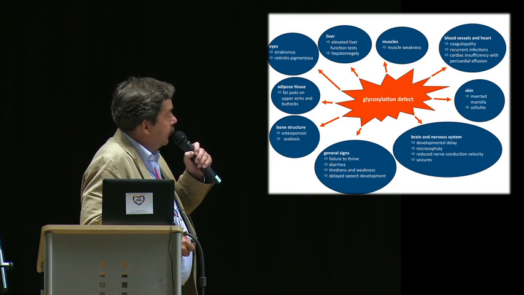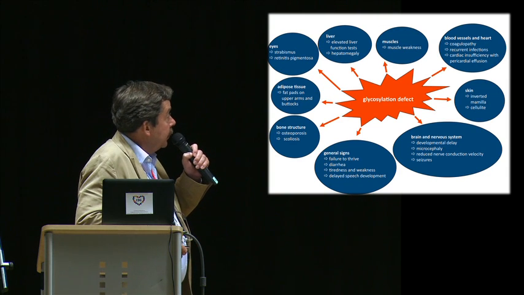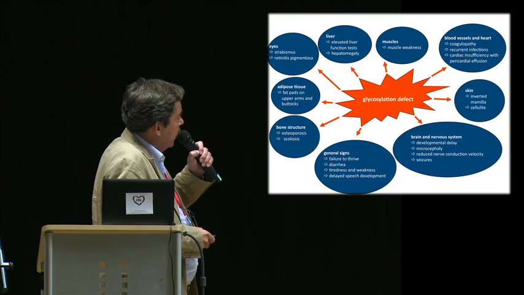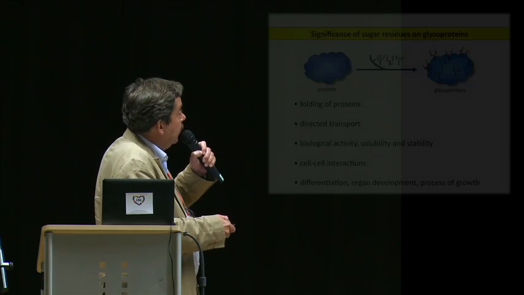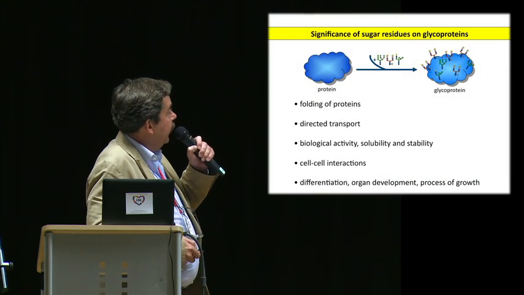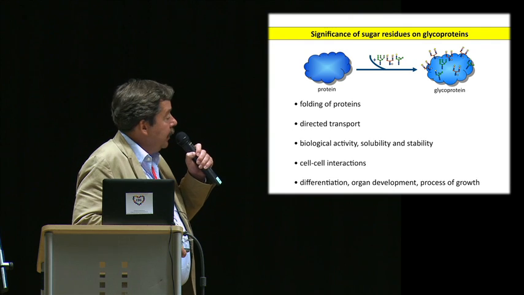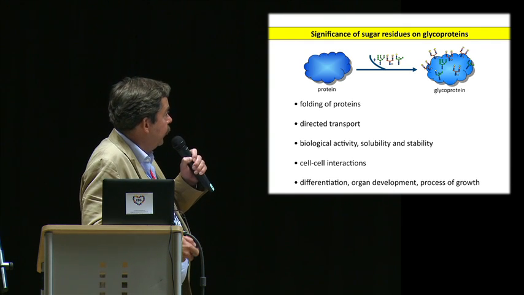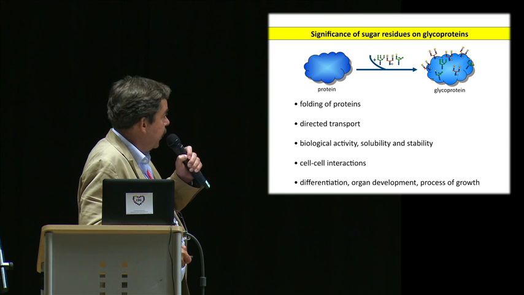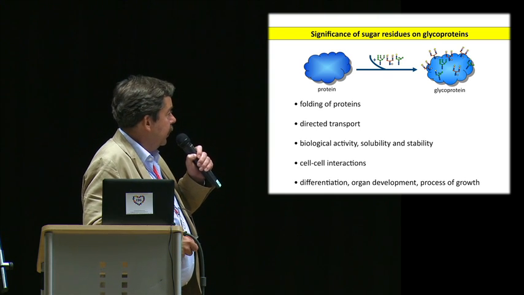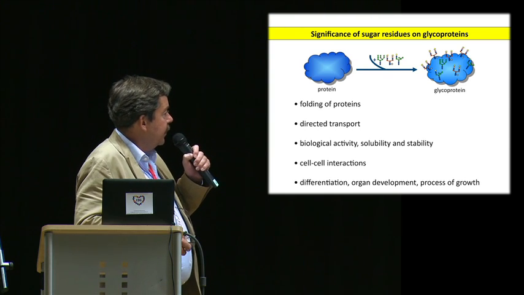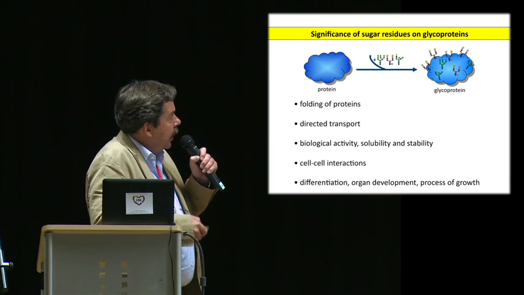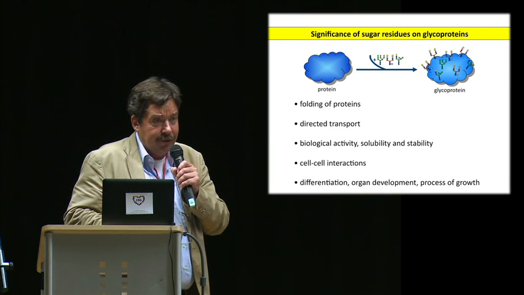This is induced by defects in glycoproteins, and underglycosylation of these glycoproteins leads to changes in the folding of the proteins, in the directed transport, biological activity, cell-cell interactions, and differentiation. And I will show you some pictures of mice.